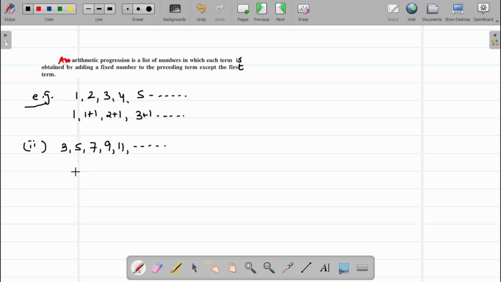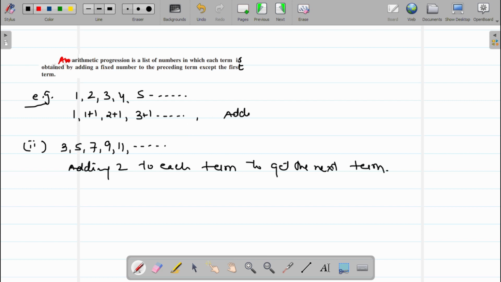We are adding 2 to each term to get the next term. Here what we were doing in the previous one, we were adding 1 to each term, right? So still I have a sequence, I have a relationship, and I can understand the relationship, so I can always predict the next terms in the sequence.